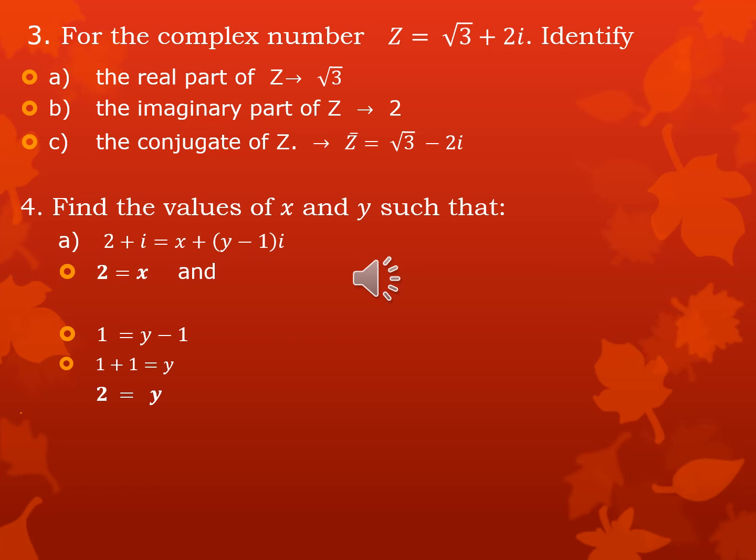In this equation, we have to make y the subject. So in order to make y the subject, we have to add 1 on both sides, leaving us with y on the right hand side, and on the left hand side we get 2. So the value of y is 2.